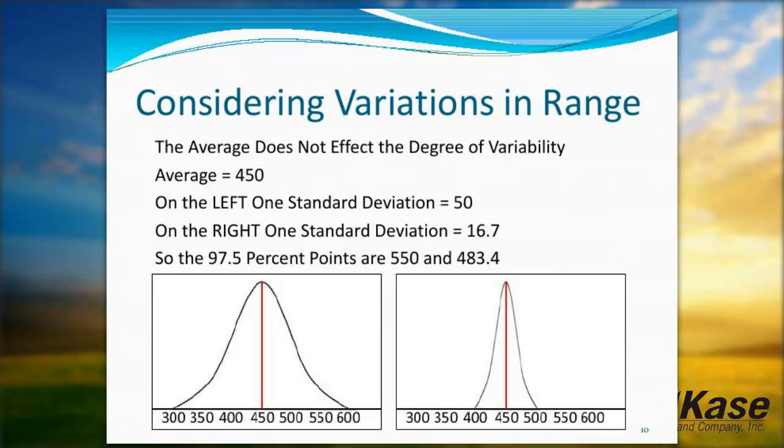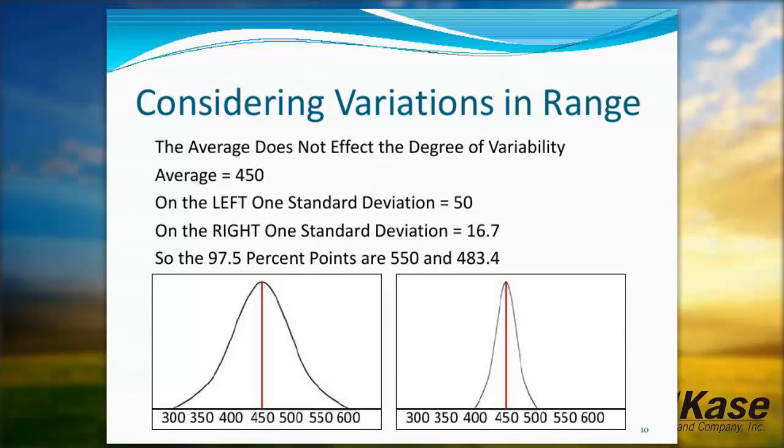So both of these distributions have an average of 450. But on the left, the bell curve is a very wide distribution. This is like a very high volatility market where you're getting a large variation in the range of true range or volatility. On the left, one standard deviation is 50 points.